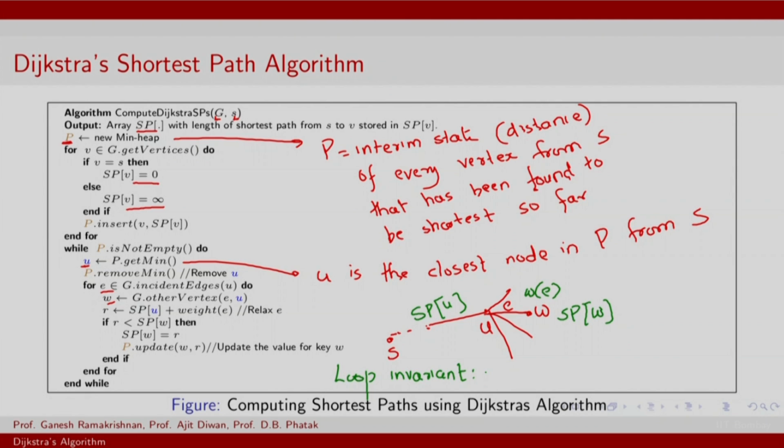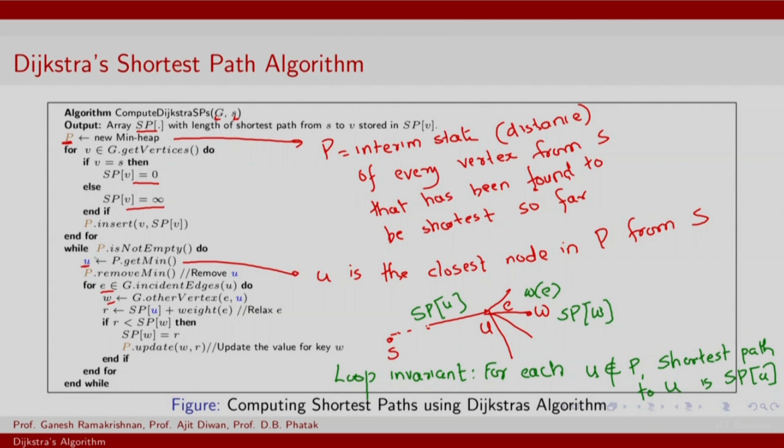For every node that gets removed from P, we can be sure that we've actually found the shortest path to that node. So loop invariant is: for each node U that ceases to remain a part of P, the shortest path to U is indeed SP U.